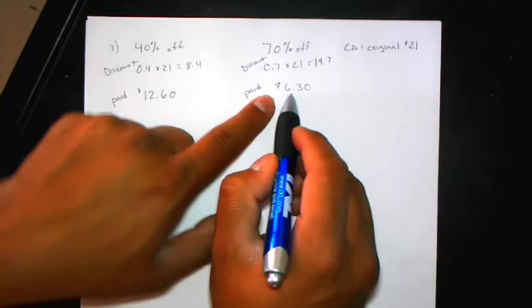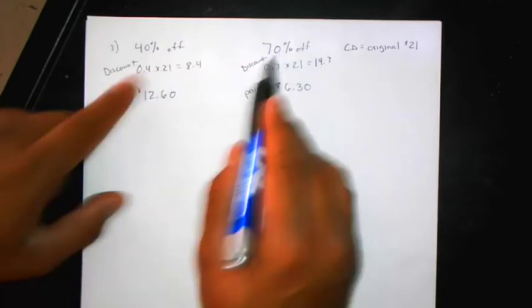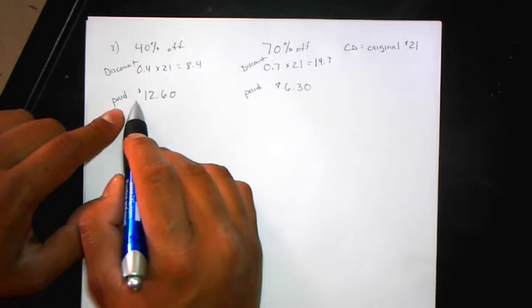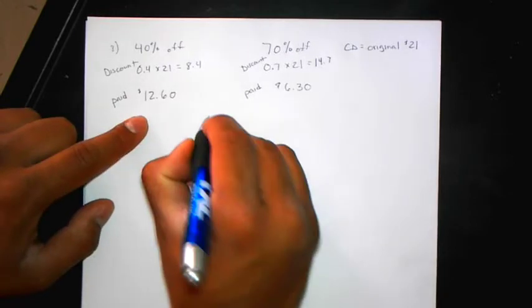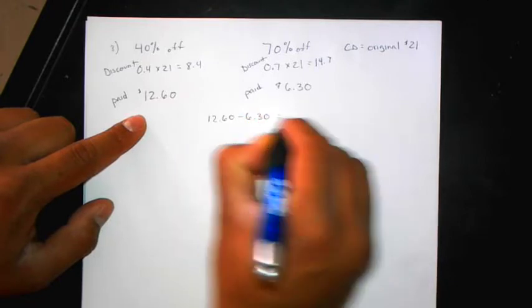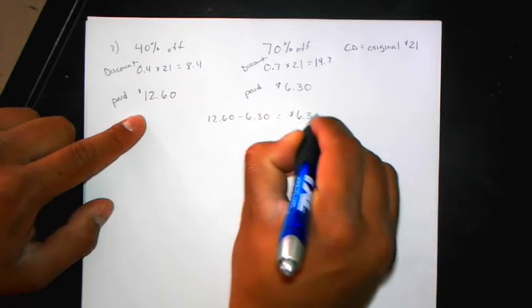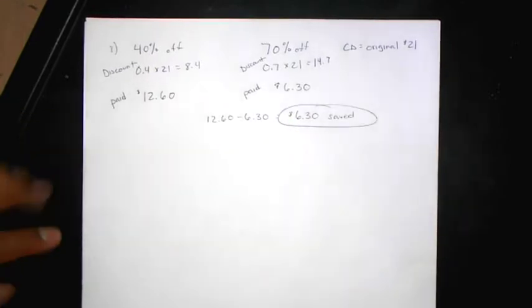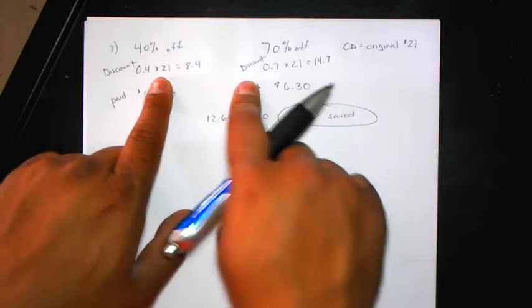That's how much she would have paid at 70% off, and that's how much she actually paid. To calculate how much she would have saved, you just subtract these two, and in this case she would have saved $6.30.